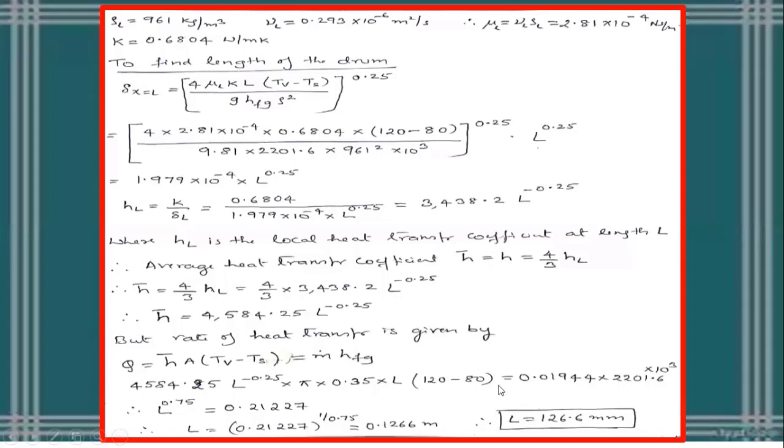That will be equal to m dot into h_fg. Once you substitute in this equation, L is the only unknown, and you obtain L as 0.1266 m, that is 126.6 mm, as the length of the plate.